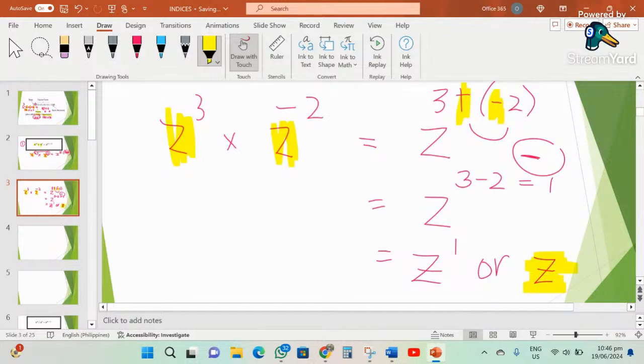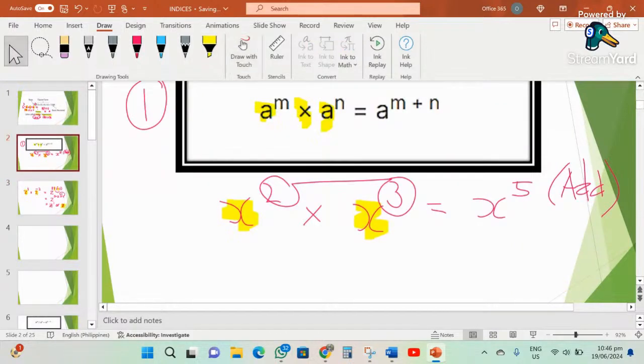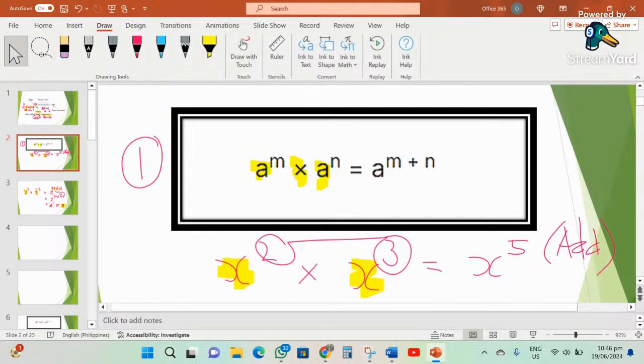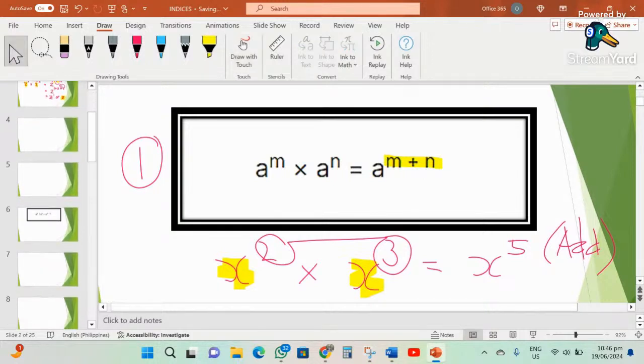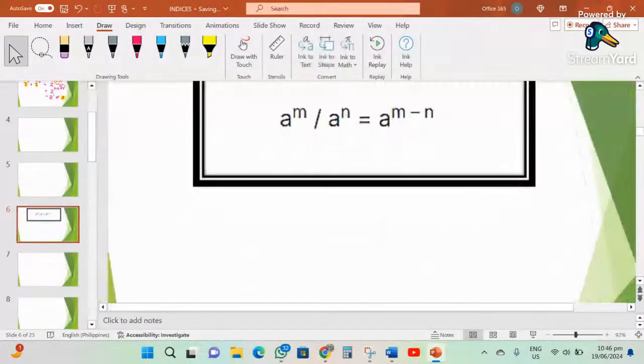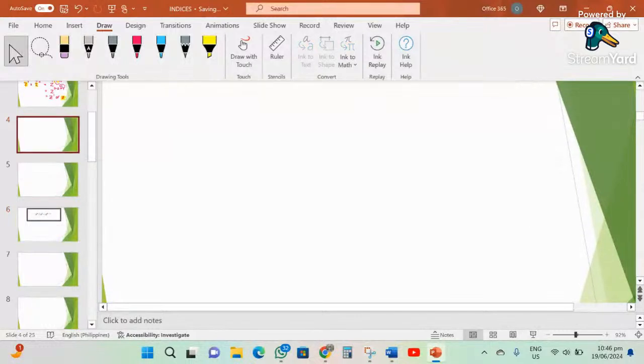Okay? So remember, when you have expressions where you are asked to combine them with a common base, then you just have to add the exponents. We'll move to the next. Oh, hang on, before that.